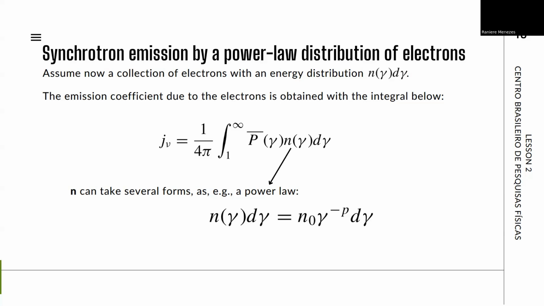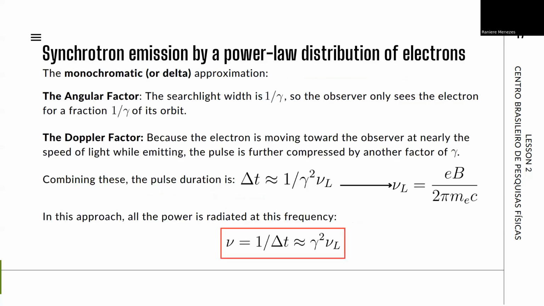Before proceeding with this, we have to make one extra assumption, otherwise we don't go anywhere. We do this monochromatic or delta approximation. Delta refers to the Dirac delta, and by monochromatic I mean that, to facilitate our lives, we assume all of the synchrotron power is emitted at a single frequency.